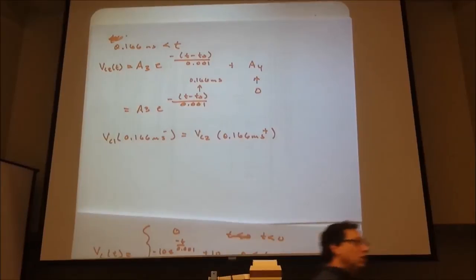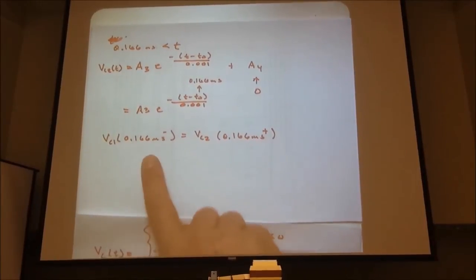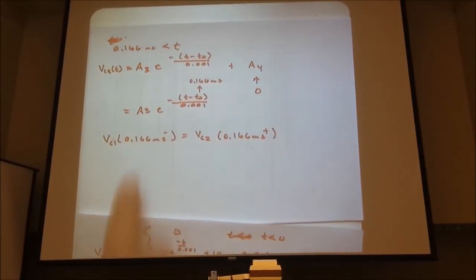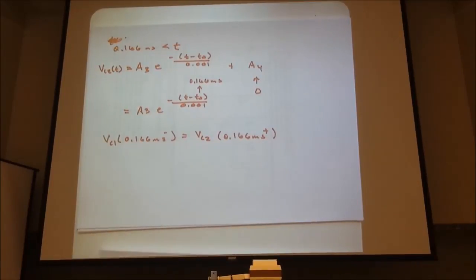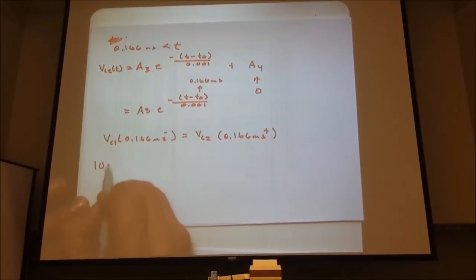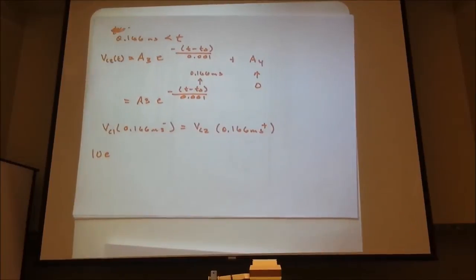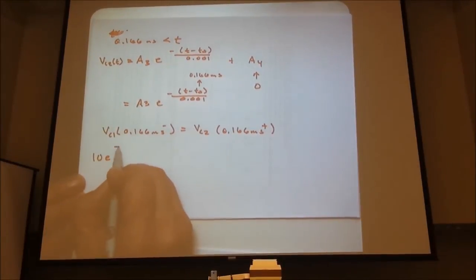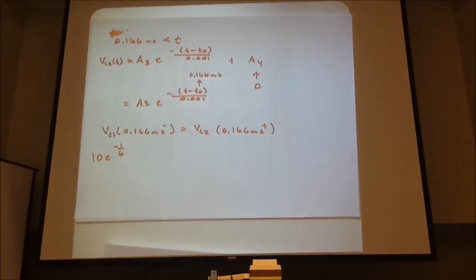Well, this is the solution that we already know. This is known, so we can plug that into our expression. We get 10 e to the minus 1/6 magically. So I took some shortcut there, but that's what it winds up being.